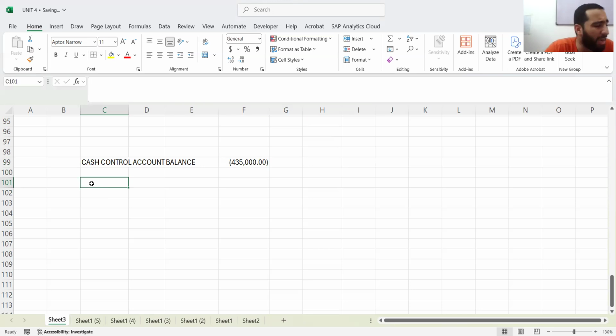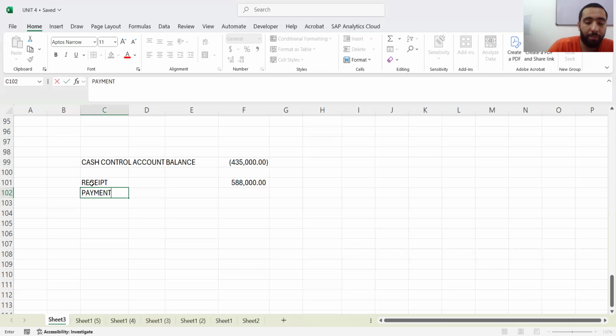Very simple. So the receipt column, how much is the value? I'm not going to put each and everything. The total is 588,000. So this is the receipt. The next one is the payment column. Payment, you put it as minus.